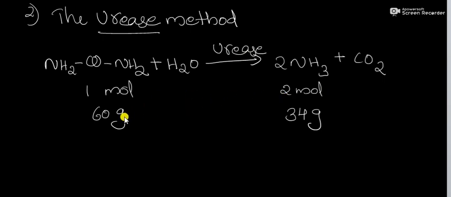Here 60 gram of urea reacts to form 34 gram of ammonia. The ammonia formed is absorbed in excess of standard acid. Then the unreacted acid is estimated by titrating with a known volume of a standard alkali. That is a back titration.